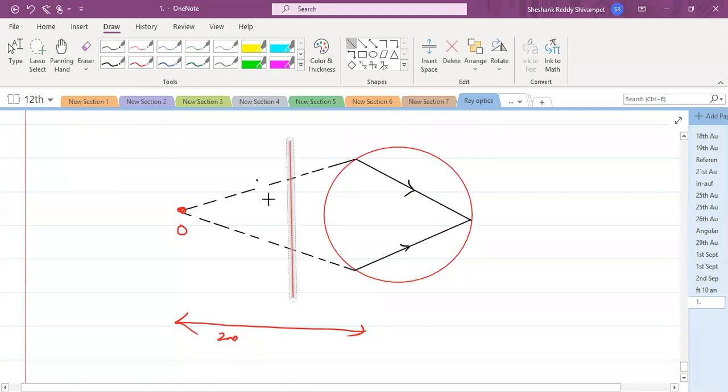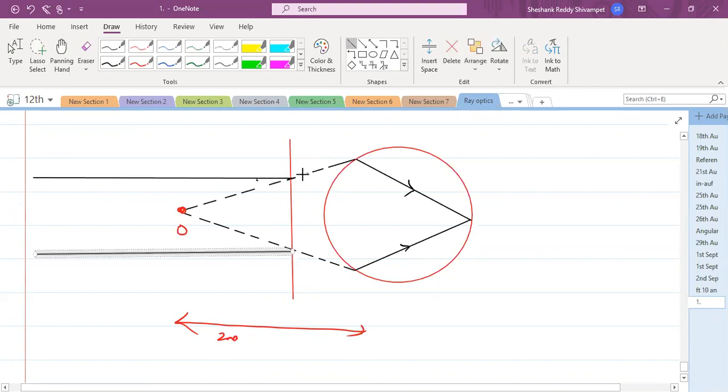Concave lens, okay? And there are two rays coming from infinity, and they are diverted in this way. They diverge in this way. Now, in this case, will the object be visible to us?